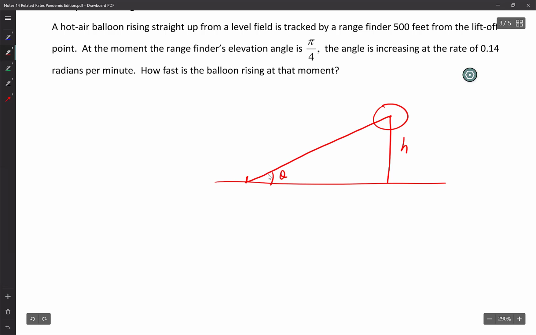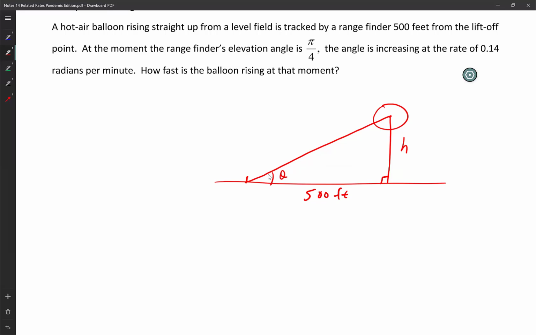That's the height, and this is the right triangle there. The rangefinder is 500 feet from the liftoff. Okay, this is 500 feet. So whatever is static, you can write that number down. If something is moving, do not write a number because it is moving. Does that make sense? All right.